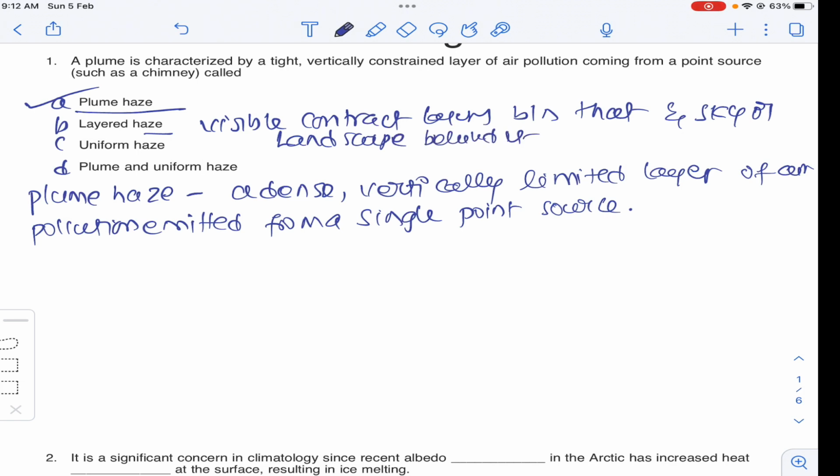And uniform haze means sky or landscape.